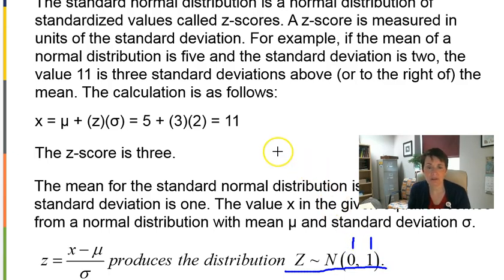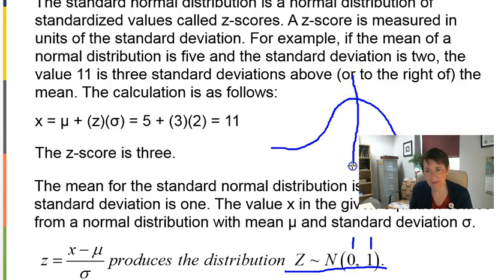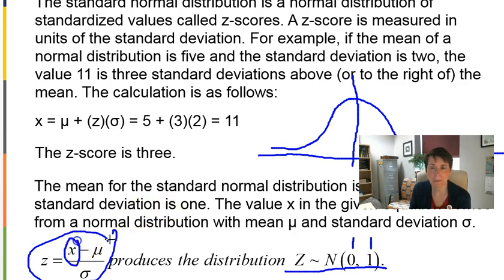Now I just want to show a picture here, drawn not very well, with my mean coming down the middle. What this is saying is, okay, I'm interested in this point. Let me draw the bottom line here. I'm interested in this point here. This is my x. Whatever this is, let's say it's shoe size again.